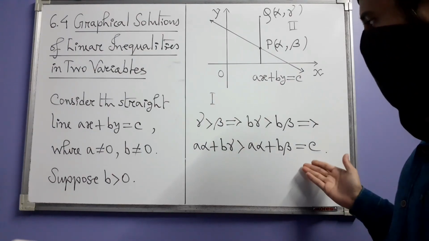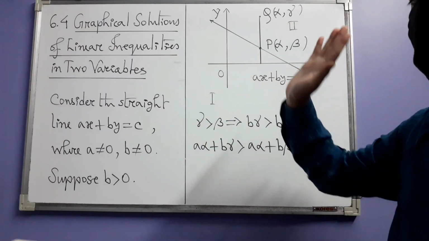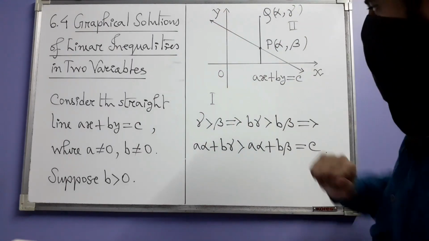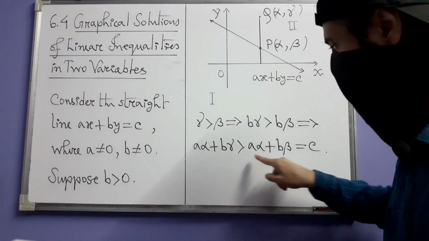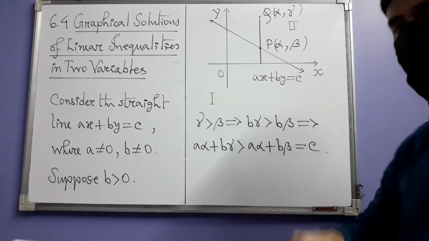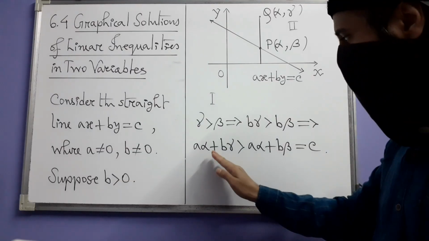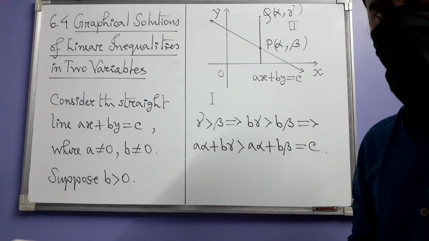So what do you see here? You see here that if you choose any point Q in the upper half plane, then its coordinates satisfy the inequality ax plus by greater than c, because a alpha plus b gamma is greater than c.